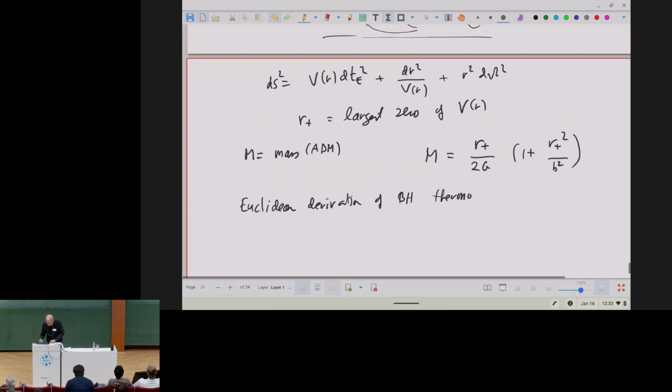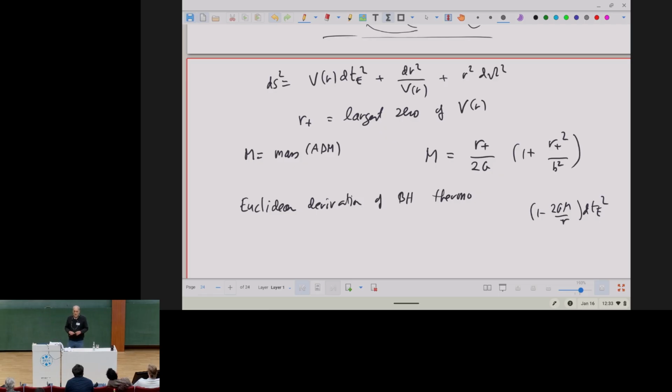Well, you see, V is going to 0 at r plus. And therefore, we're in the same situation we had before. Before, we had 1 minus 2Gm over r times dTe squared. And that was going to 0 at r equals 2Gm, which forced us to eventually interpret Te as a periodic variable and to compare it to polar coordinates. We have the same general idea. V is still going to 0 at r plus.